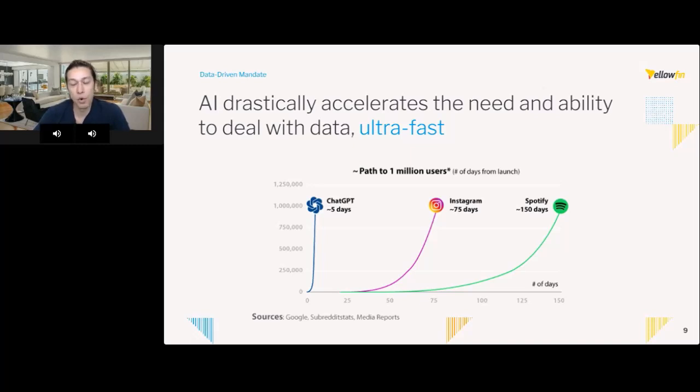Instagram, which was founded 4 years after Spotify, only took 75 days to reach 1 million users. And ChatGPT, which is powered by AI, only took 5 days to reach 1 million users. So this is just an example of how quickly businesses need to adapt to a data culture and use data in their decision-making processes. And it's not just these data companies.